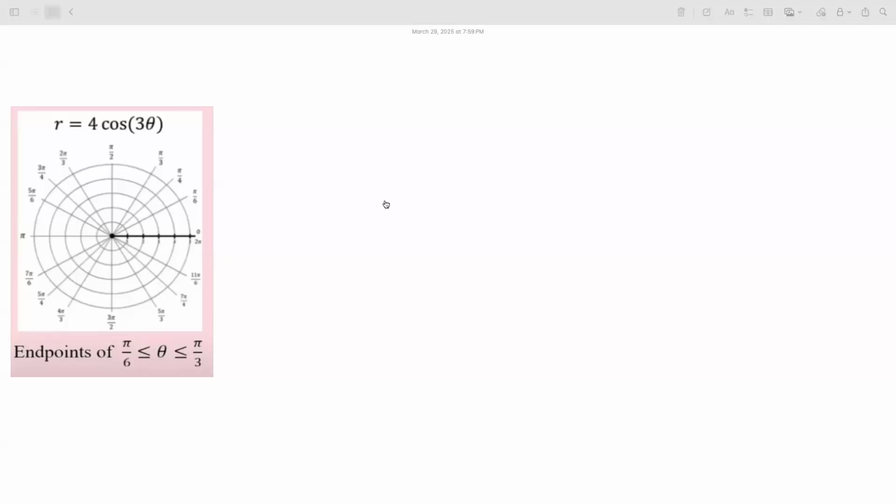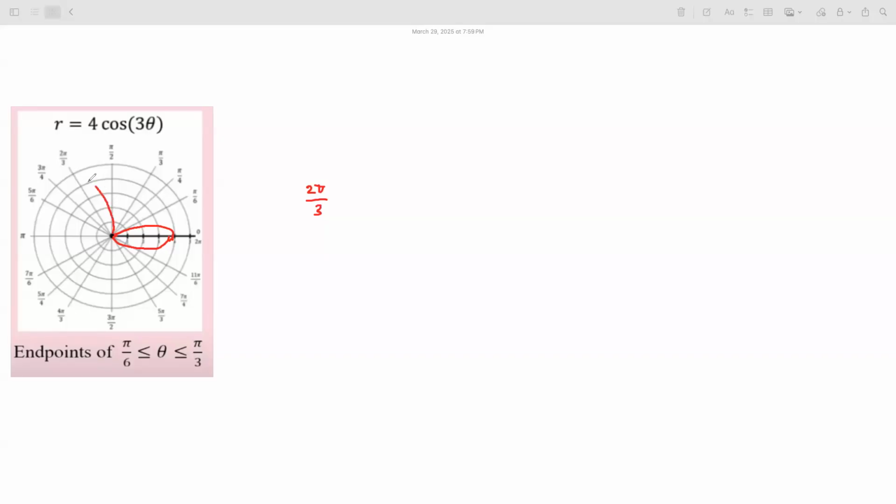When we try to sketch the graph for 4 cos 3 theta, what does that mean? It's going to be 3 petals, right? Definitely the maximum is going to be 4. 3 petals means what happens? 2 pi has to be divided by 3.